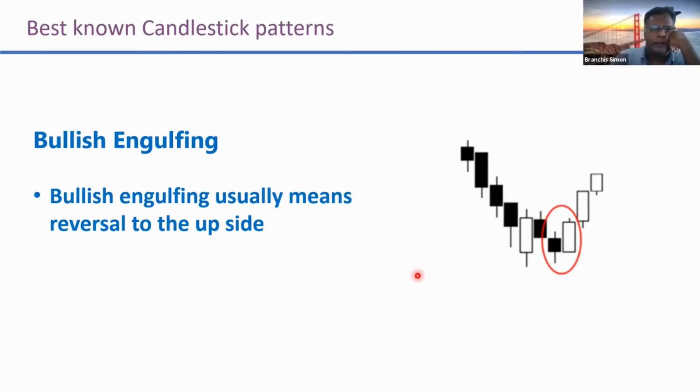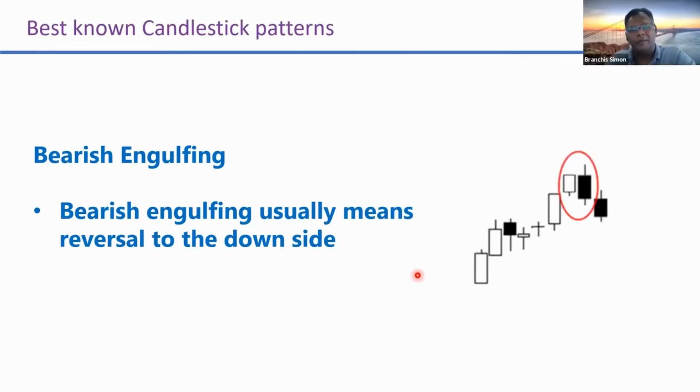So the next candle, bearish engulfing. Bearish engulfing is the same as bullish. With bullish, the market was coming down, then it reversed based on the bullish engulfing candle. But now if you look at this chart, the market was going up and it stopped at one point, then the market is reversing.